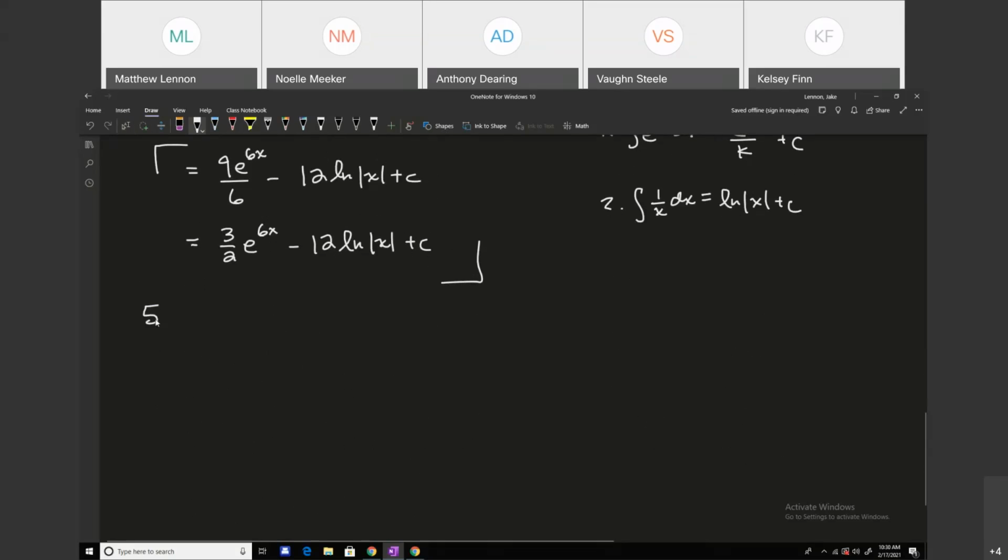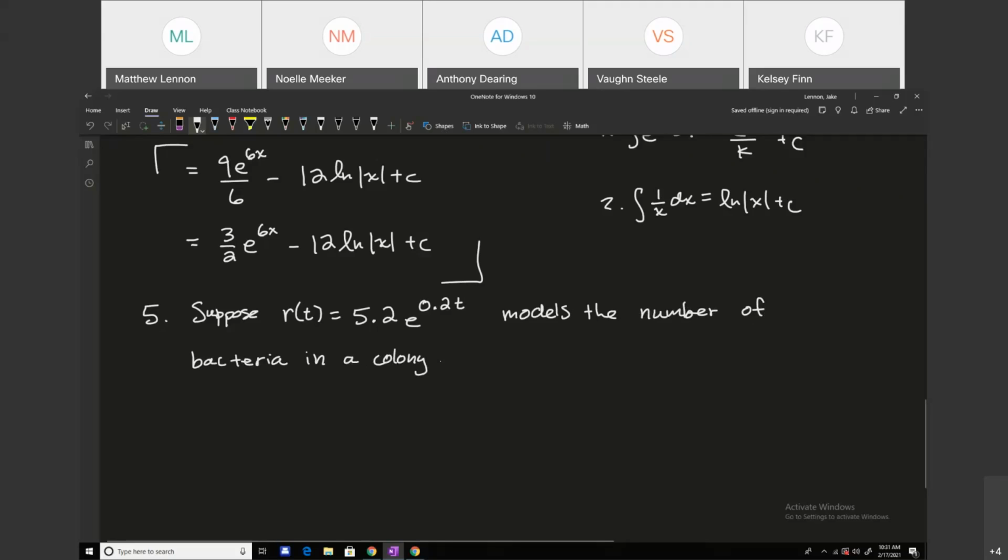So 5, suppose R of t equals 5.2 times e to the 0.2t models the number of bacteria in a colony in thousands.